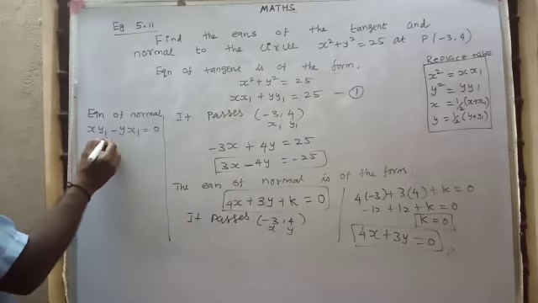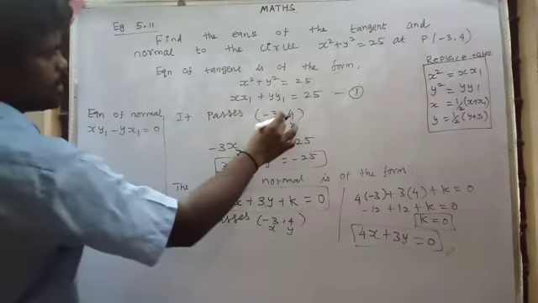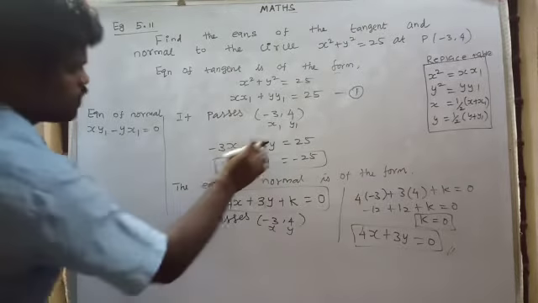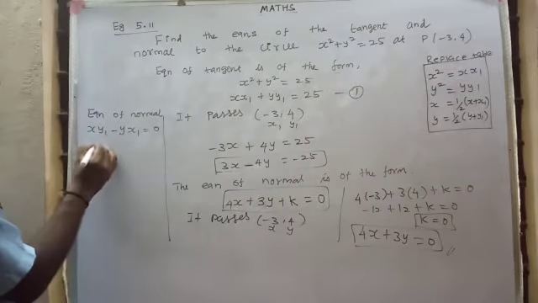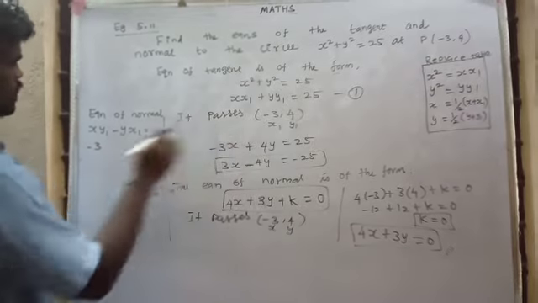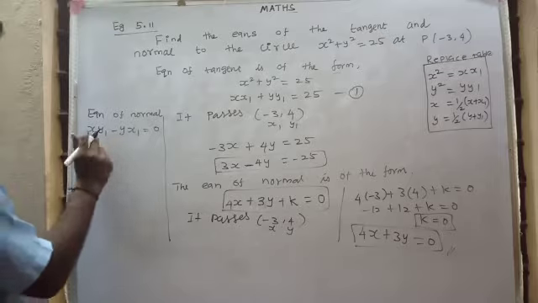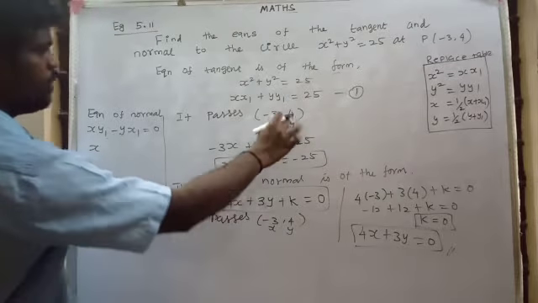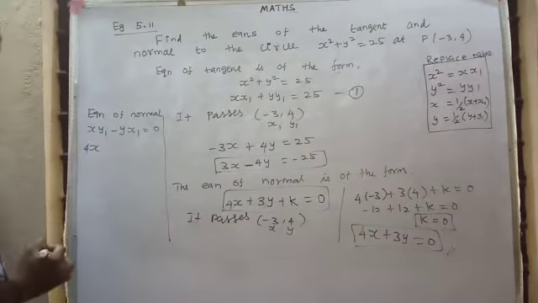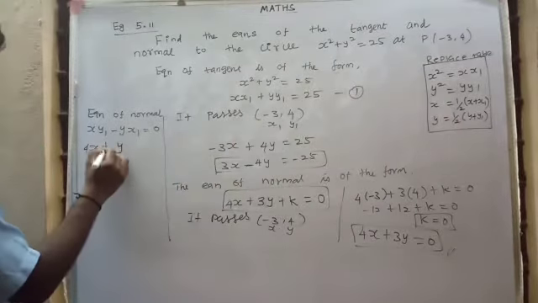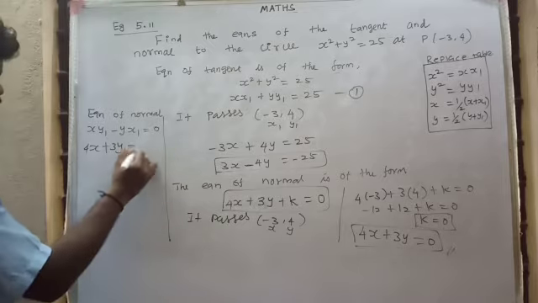Here x y1, the value of x1 is minus 3 and y1 is 4. So here minus 3, x into the y1 value, what is the y1 value? Y1 value is 4. Here we have to apply 4, and minus y into the x1 value is minus 3, so plus 3, okay, equal to 0.